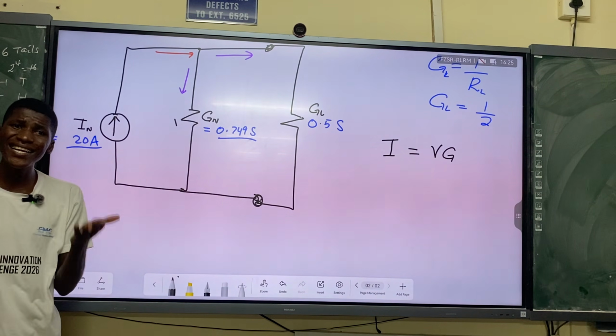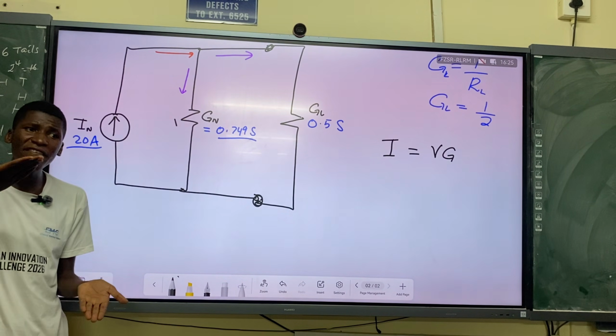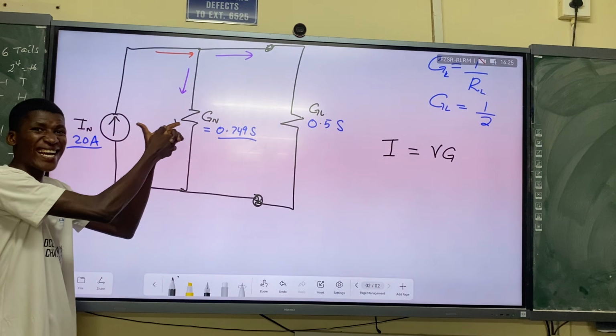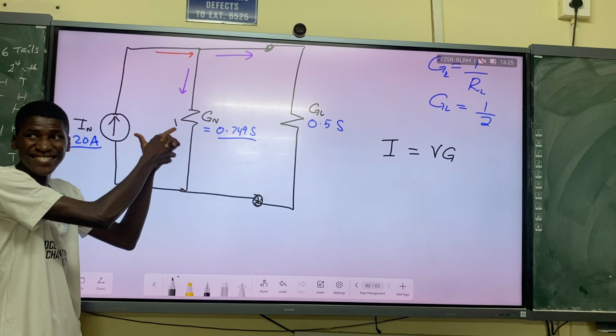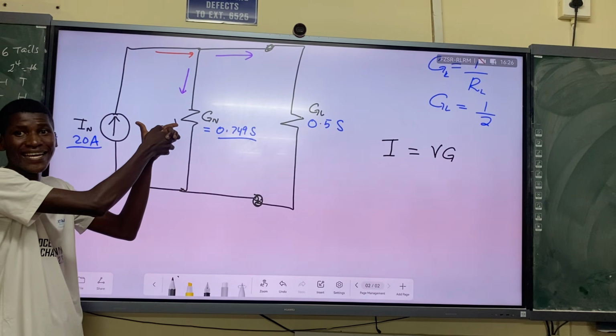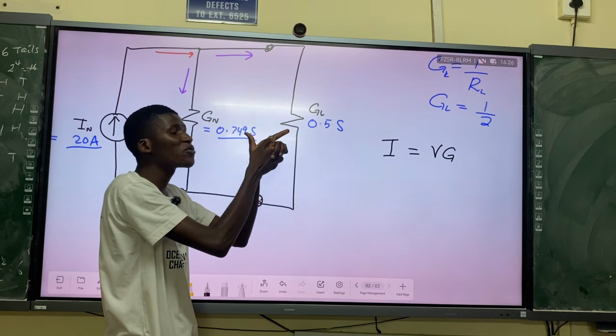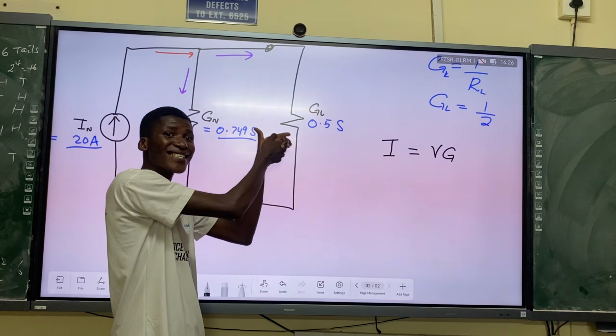Because conductance and resistance are inversely proportional, where we have more conductance, we have less resistance, so more current will enter here. Where we have less conductance, it means less current.